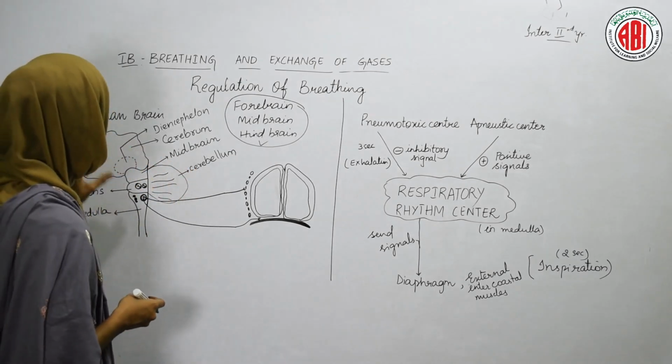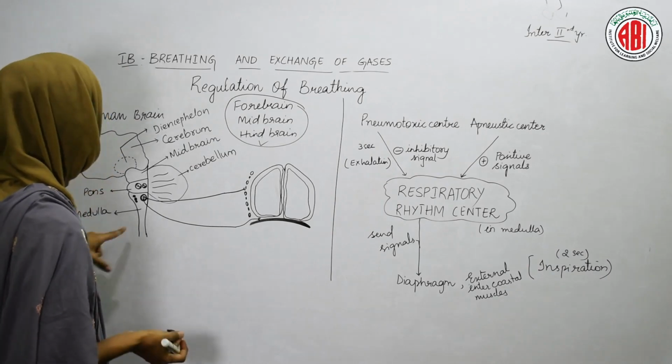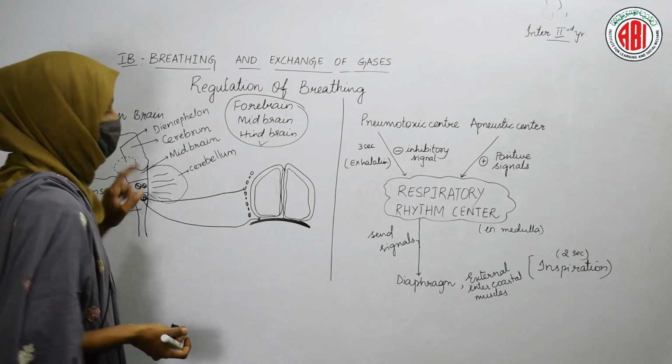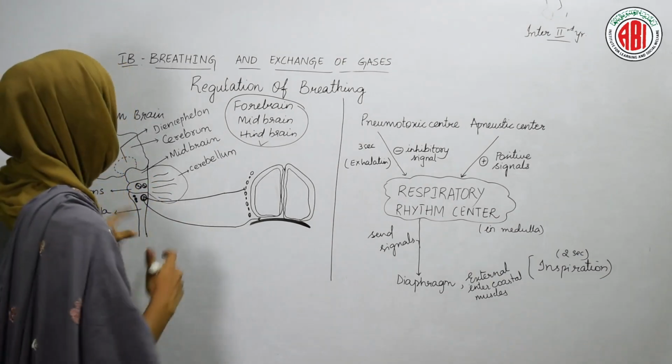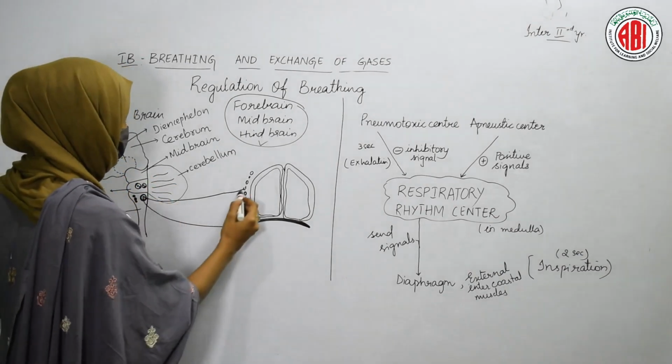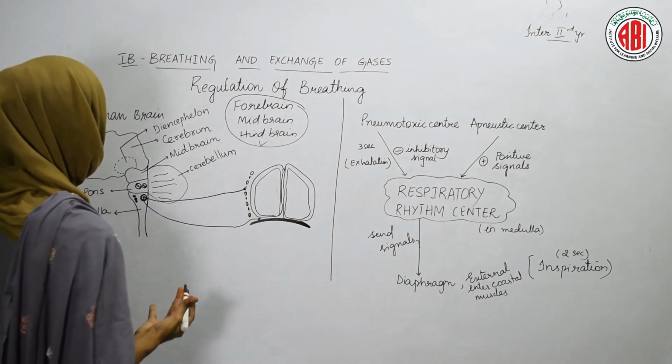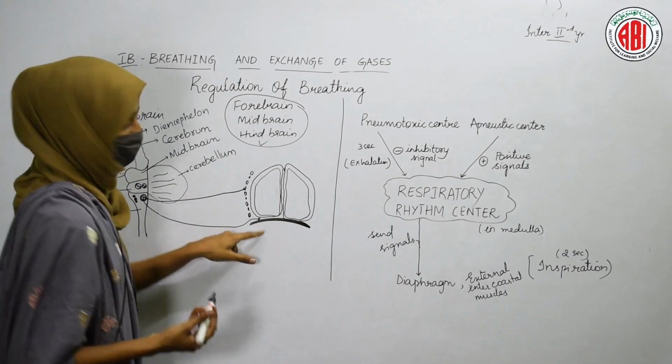The main nerve cells, or neurons, are present in the medulla oblongata, and these neurons send signals to the intercostal muscles of our ribs and also to the diaphragm.